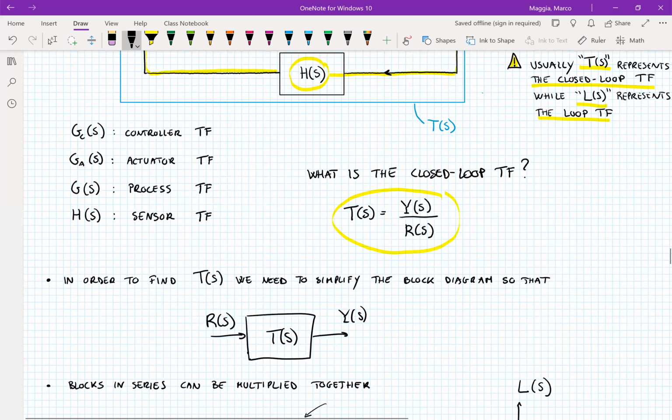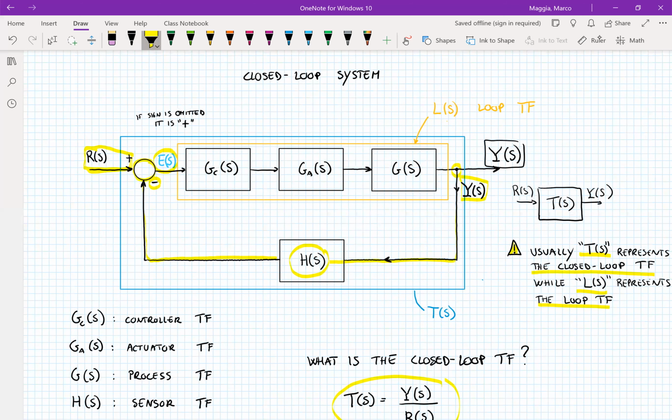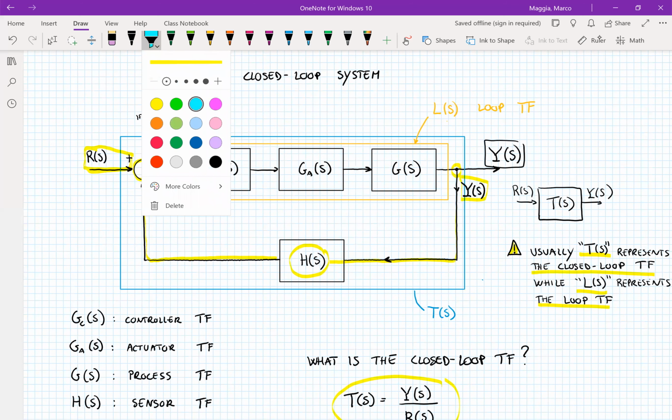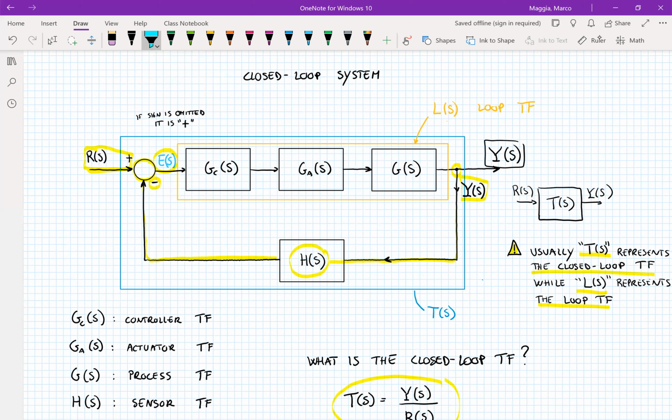And then let's do that for the output, because that's the only thing that we have left. So the output, starting from here and going backwards. So now we have this summing junction. We have this splitting point. Do we go downwards or to the left?